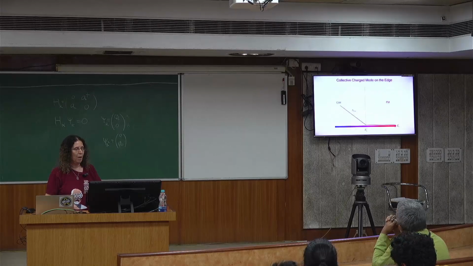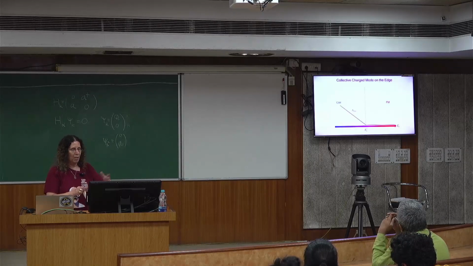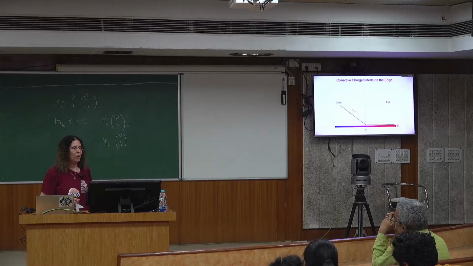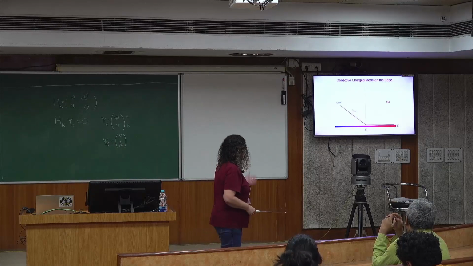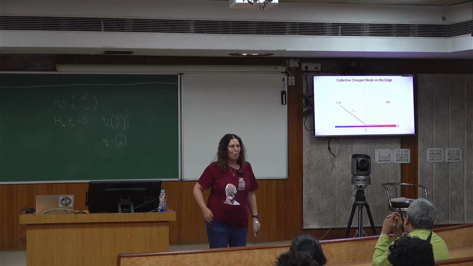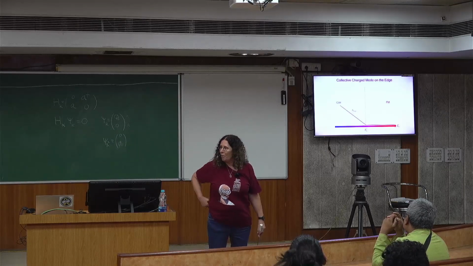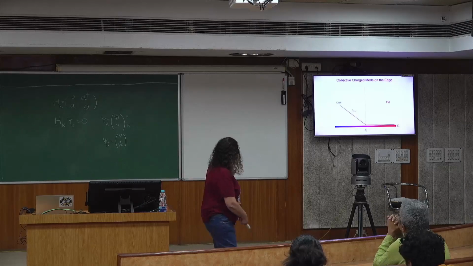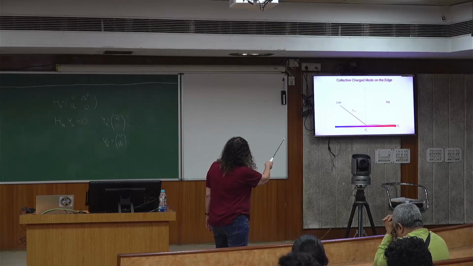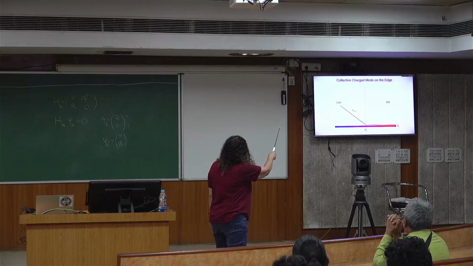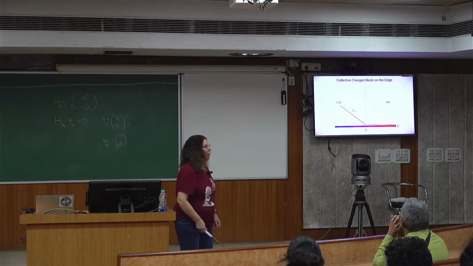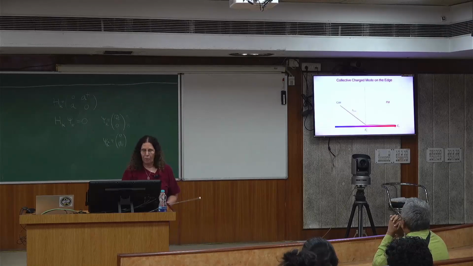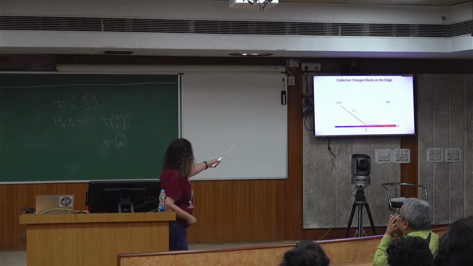So basically, let me summarize our theory without going to any of the details. By the way, they are in the papers, so of course you can get the references and read them. If I'm comparing the two phases, the canted antiferromagnet and the ferromagnet, the edge modes in the canted antiferromagnet are gapped.